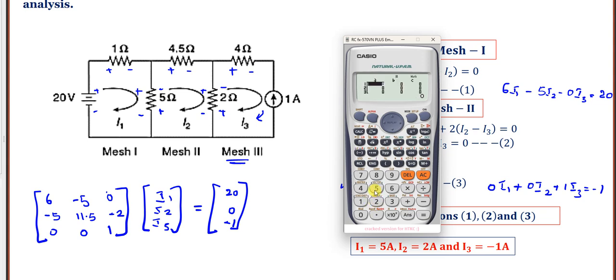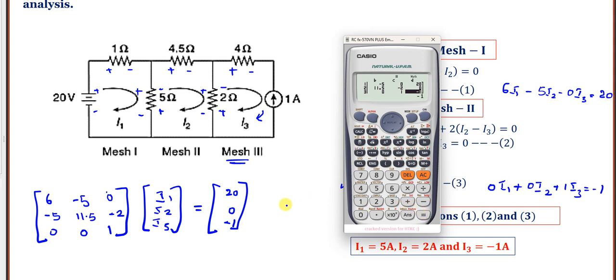Enter 6, equals, minus 5, equals, 0, equals, 20, equals, minus 5, equals, 11.5, equals, minus 2, equals, 0, equals, 0, equals, 0, equals, 1, equals, minus 1.